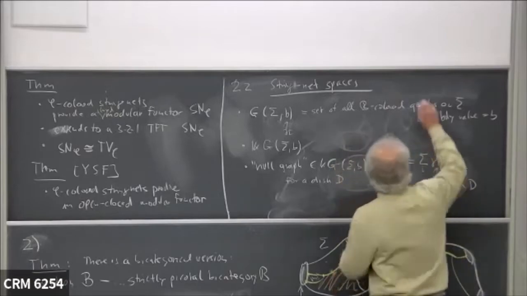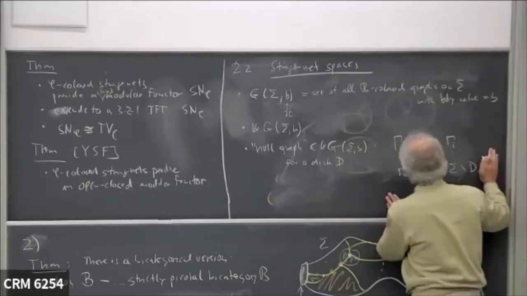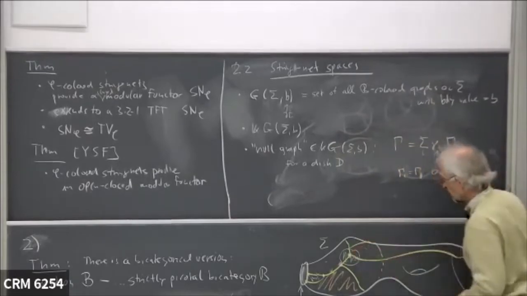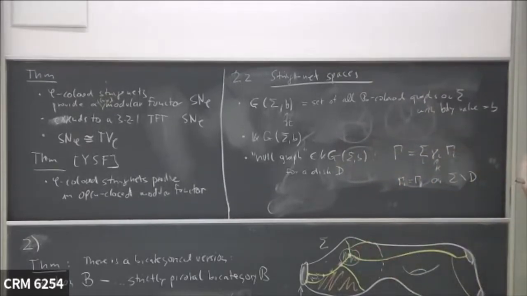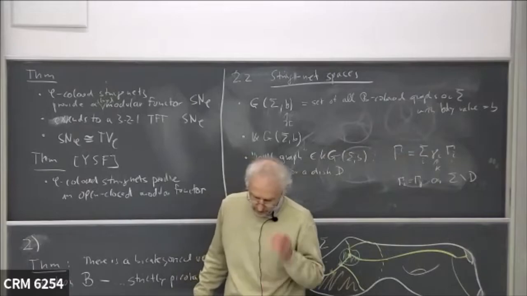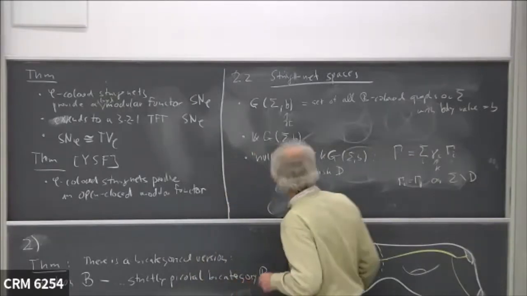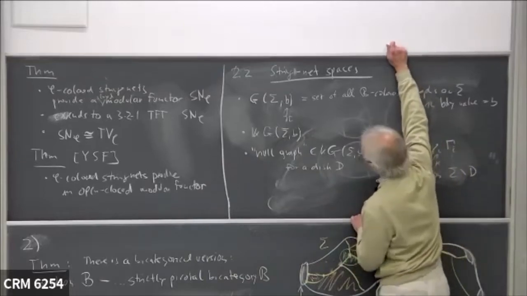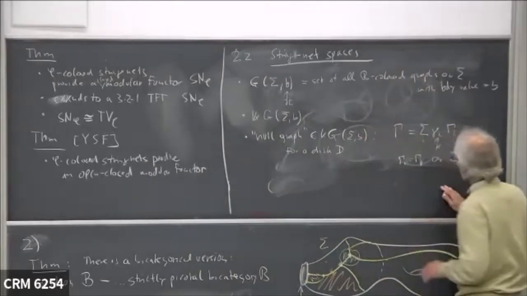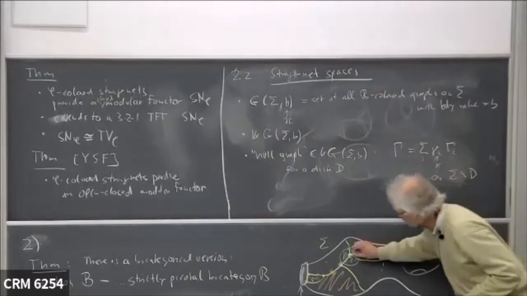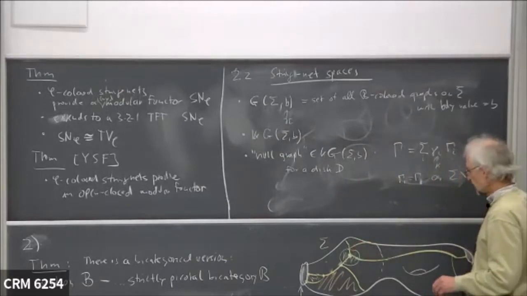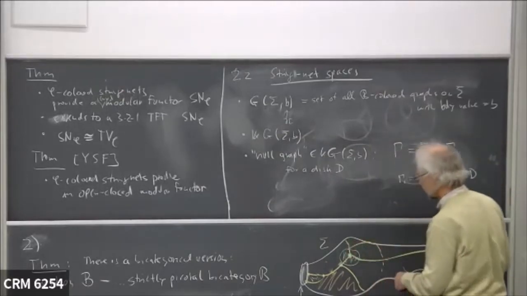We have associated to this a vector space, and then we can say, if we choose now a morphism in that vector space, well, this could be a more complicated graph.